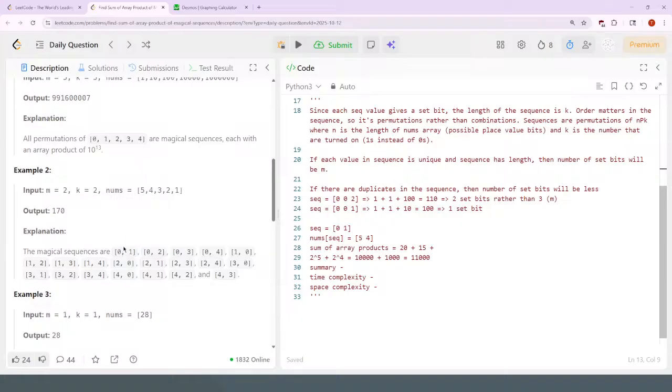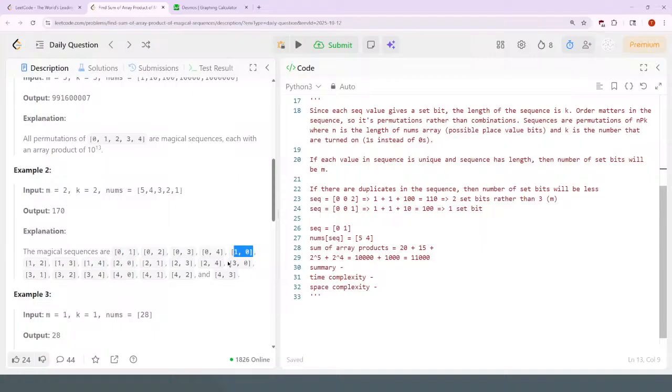If I'm doing 0, 1, which is 5 times 4, and 1, 0, which is 4 times 5, even though they're different sequences, they're the same product.